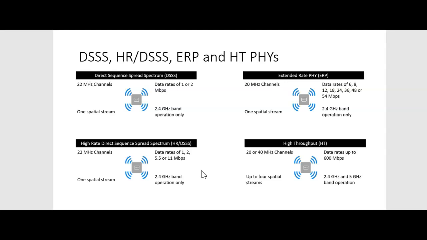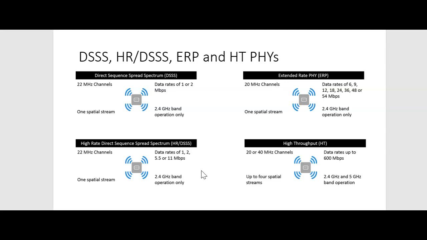I always have trouble with 3 S's. So it wanted to be backward compatible to support the previous standard. So it wanted to make sure it supported 1 and 2 megabits, but then added 5.5 and 11.